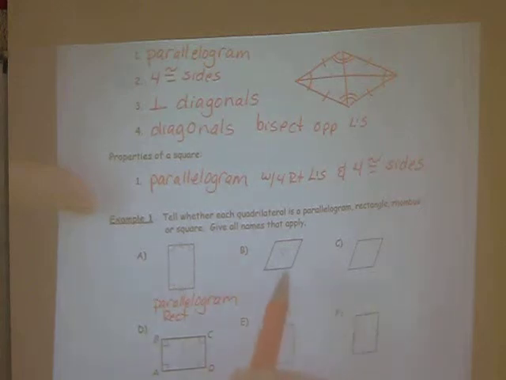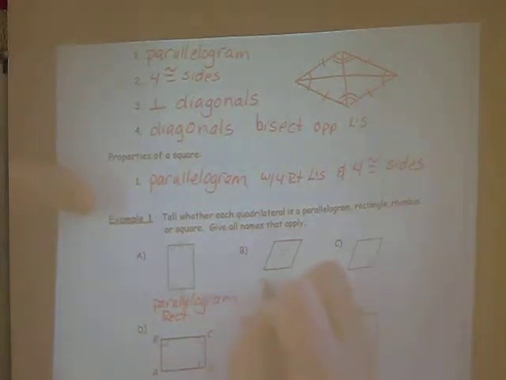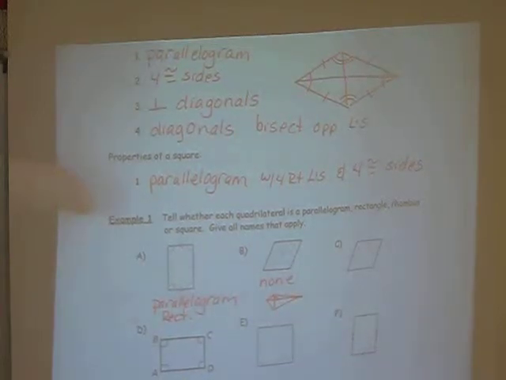When I first looked at this, I thought, oh, the diagonals are perpendicular, so that makes it a rhombus, but they never tell us that this is a parallelogram. So since this isn't a parallelogram, we cannot say it's a rhombus. It would be possible to have a shape something like this, where the diagonals are perpendicular, and that is not a rhombus.